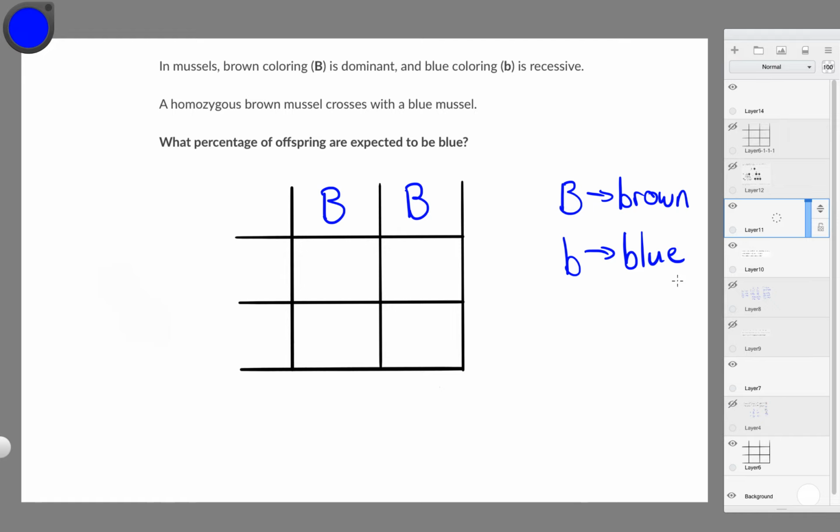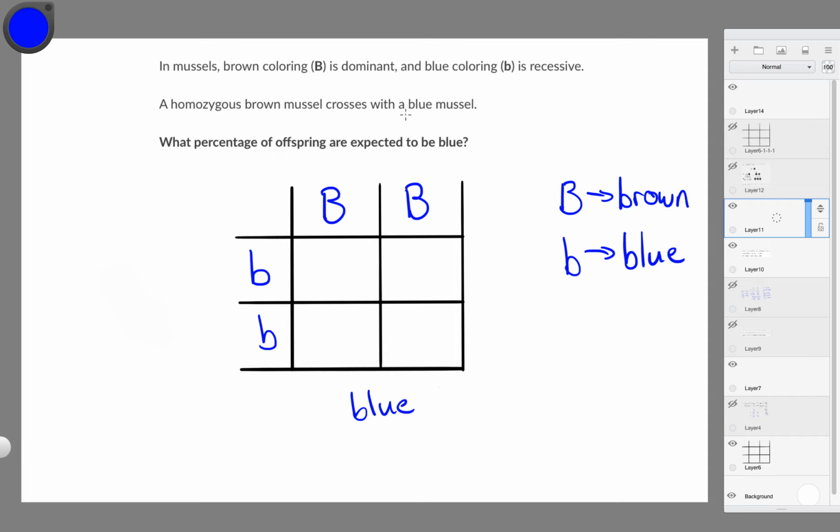So a blue one. If its phenotype is blue, and blue is the recessive, then that means that we can't have that dominant gene in there. We can't have that in there because if it wasn't there, it would be brown instead of blue. We know that if it is blue, which is the recessive, it has to have this genotype, right? Has to be both recessive.